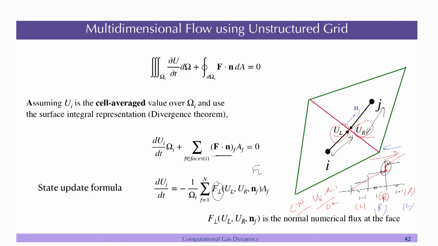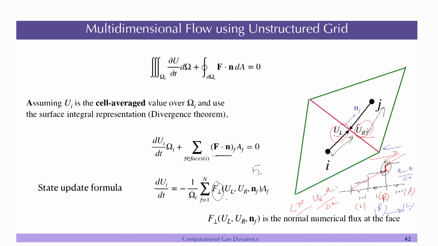When c is less than 0, then we will have ui plus 1 minus ui by delta x. So, this will become left and right. So, you basically need to have this face normal defined very well, so that you can tell which one is left and which one is right.